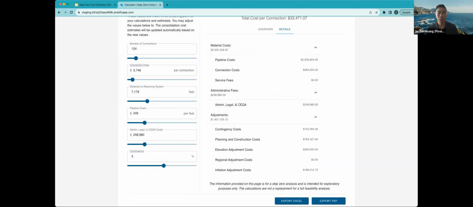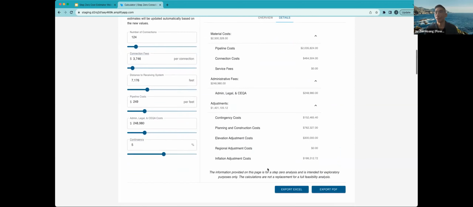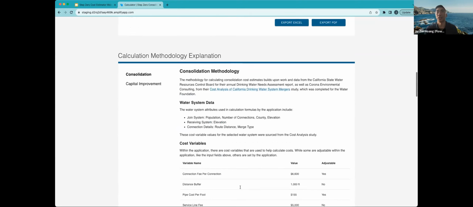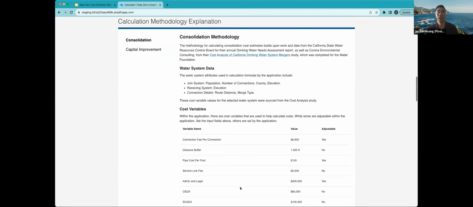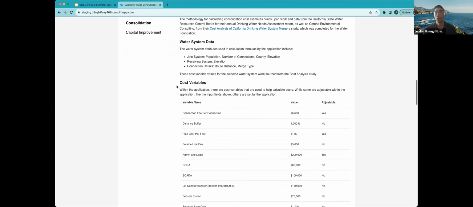Yeah, I'll have to read back on the needs assessments to see if they detailed that information. Oh, sorry, the methodology, yes. So this one is detailing that dialogue that we opened up between joining and receiving system.